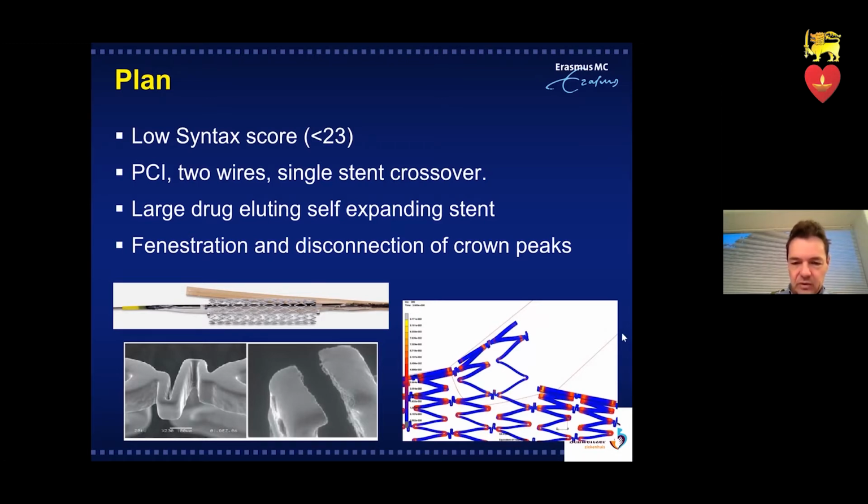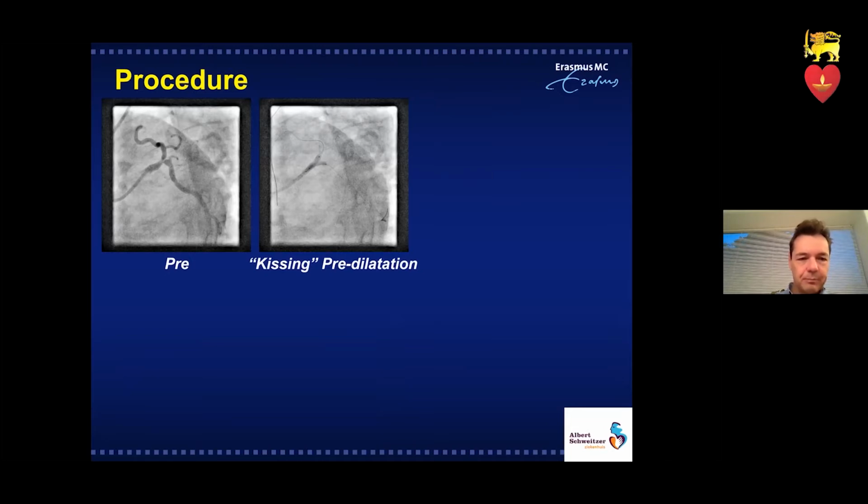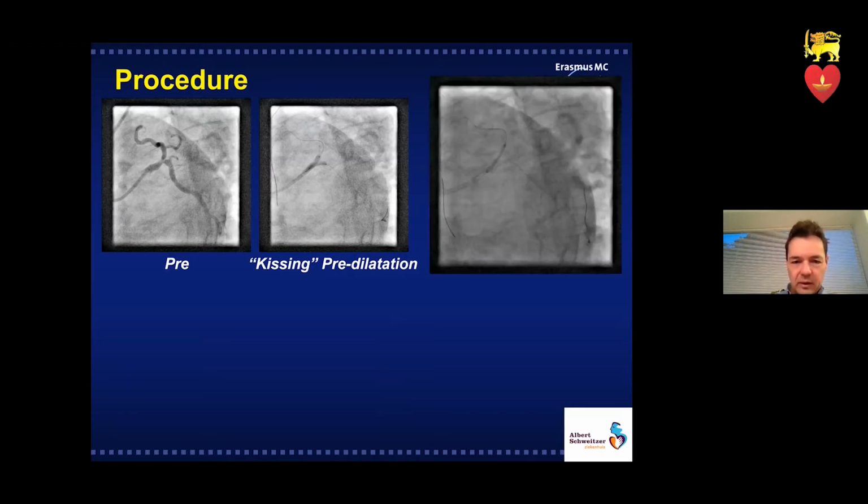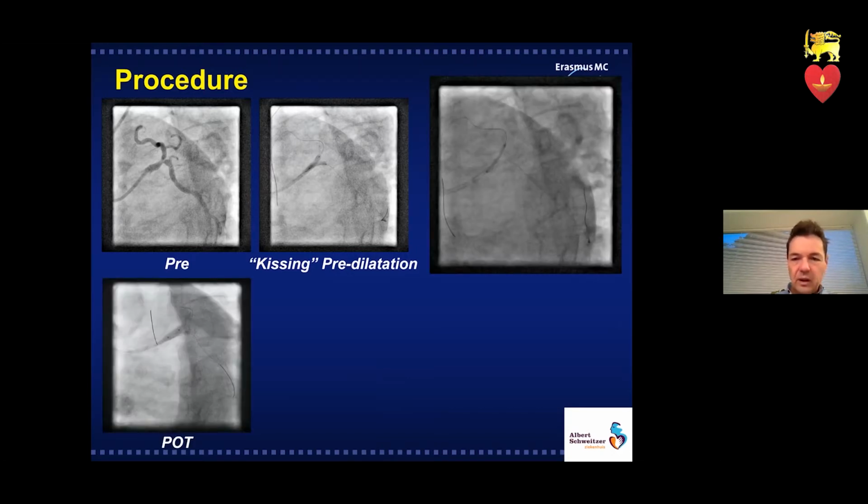With the standard cells, you won't disconnect, but you can, in the carina area, expand the cells to that side branch area. So I'll show you shortly the steps, the pre-image, the kissing pre-dilatation, putting up the stent from LAD to left main.